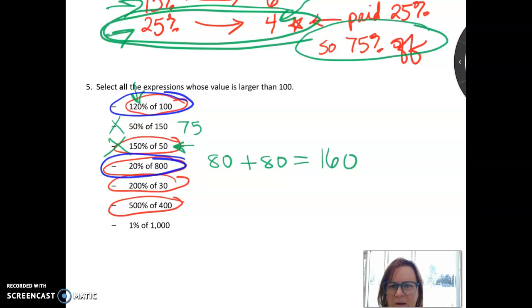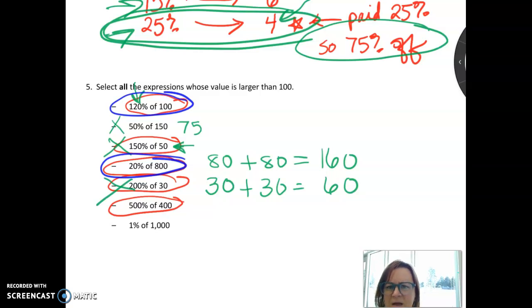All right, 200% of 30, well, 100% of 30 is 30, so 200% of 30 is 60, so that one is not. Excuse me, 500% of 400, well, we know that 100% of 400 is 400, and 5 of those would be 2,000, so yes, that one is.